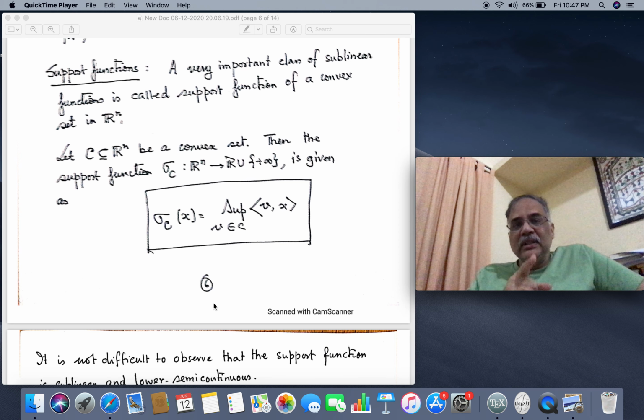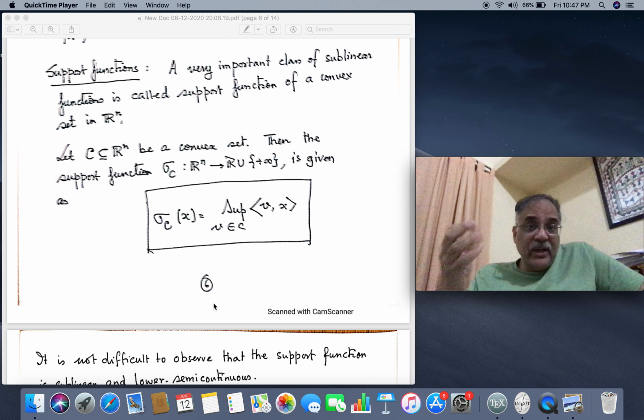But you know, the support function, you cannot guarantee that it is a proper function. If C is compact, then it is finite everywhere. Otherwise, it is a convex function, it is a sublinear function, but you cannot guarantee that it is proper. It could be that for every x, for every v in C, it just blows up.